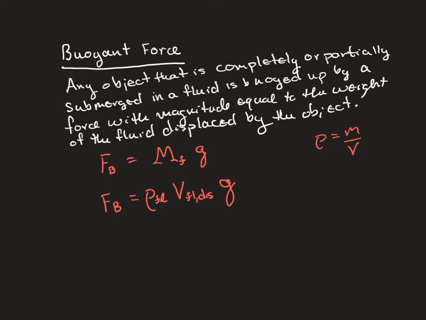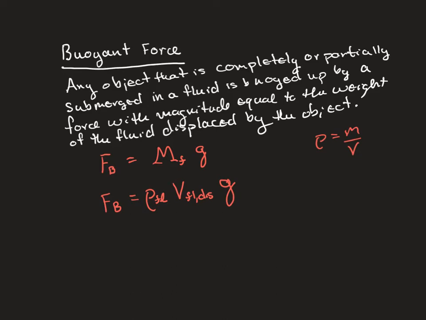We can look up the density of the fluid in a table, and it's a lot easier to figure out the volume of the fluid displaced by an object because you can figure out what the volume of the object is. So if you take a square and dunk it below the surface of a fluid, you can get the dimensions of the square or rectangular prism or cube, whatever three-dimensional object you want to use. You can get the dimensions of it and figure out what its volume is.